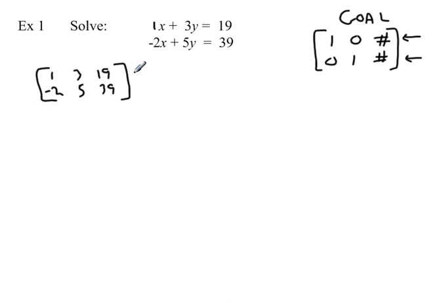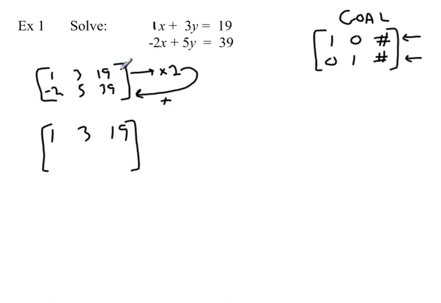Here's how we can do that. If we multiply the top row by 2, and then add what we get to the bottom row, we're going to make a new row that has 0 in this spot. So I'm going to keep the top row as is, 1, 3, 19. I'm going to make a new bottom row, and I'm going to get that by multiplying the top row by 2, adding it to the second row here.